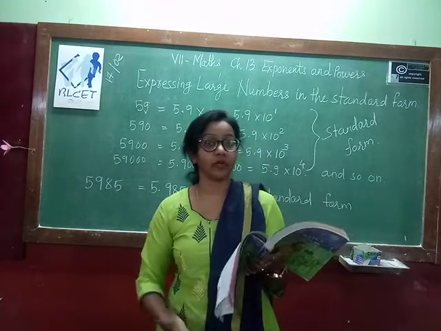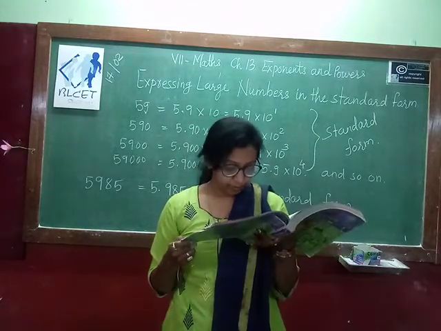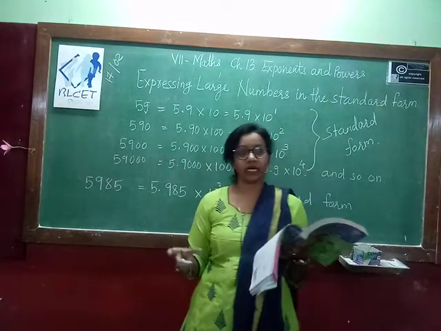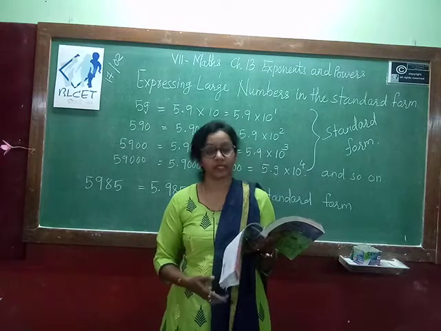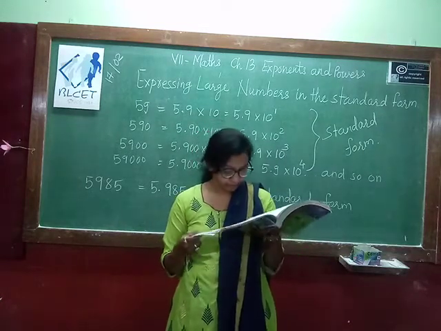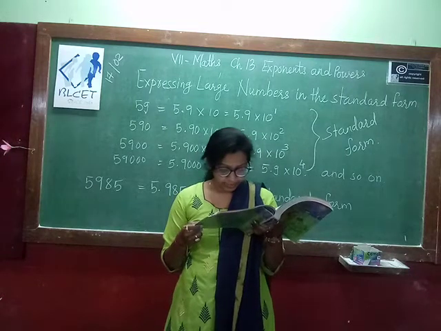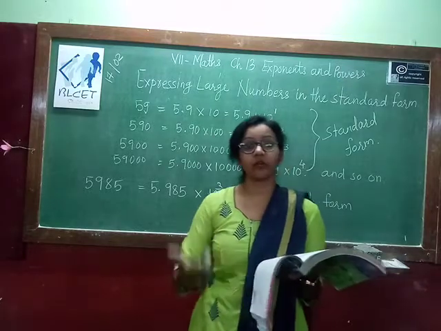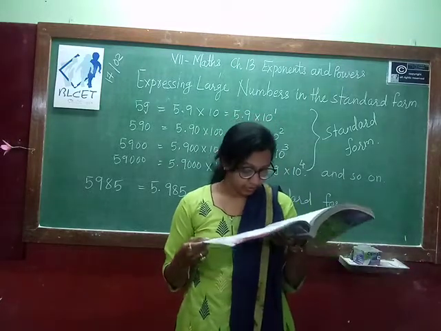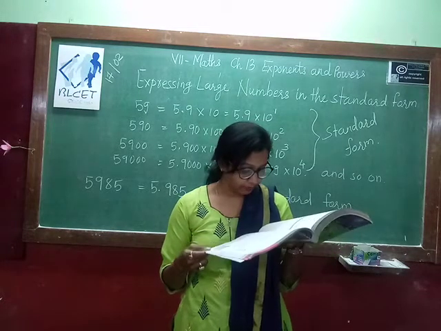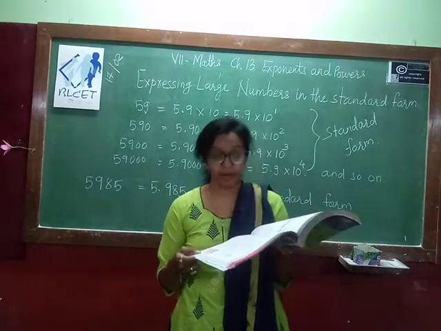Next we have the number of stars in our galaxy. That number is also so big that we cannot read it easily. We cannot find any convenient way to read that. The mass of the earth is also given as a very big number in kg, so we cannot read that very easily. So these numbers are not convenient to write and read, and to make it convenient we use powers.